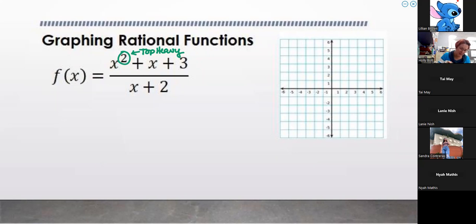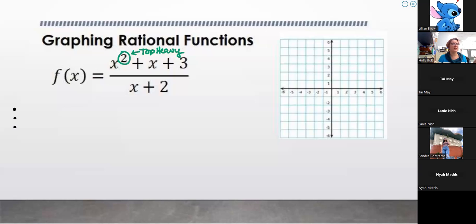So I have this top heavy equation. Does that numerator factor at all? Is there anything that you know of that will multiply to 3, but add to 1? Multiplies to 3, adds to 1. Erlen, yours is close, but I think you switched it around there.